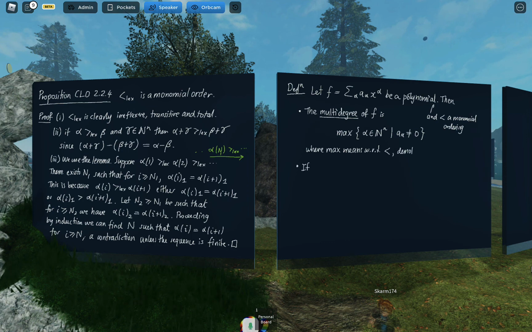Sometimes this is denoted multi-deg f. I think that's kind of gross, so I'll rarely write it, but okay, so if alpha is the multi-degree of f, what did I forget to say here?